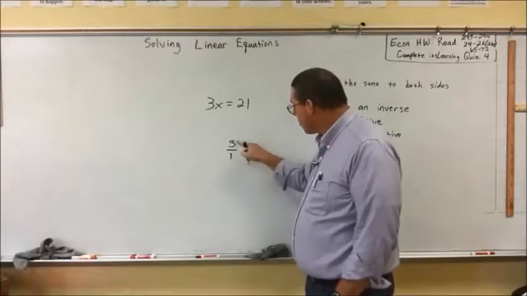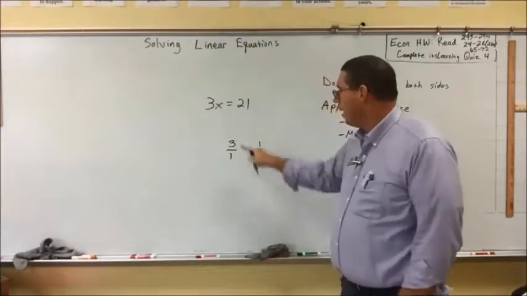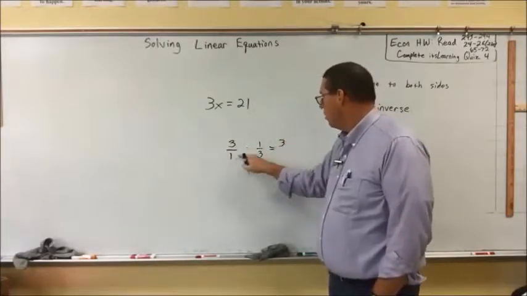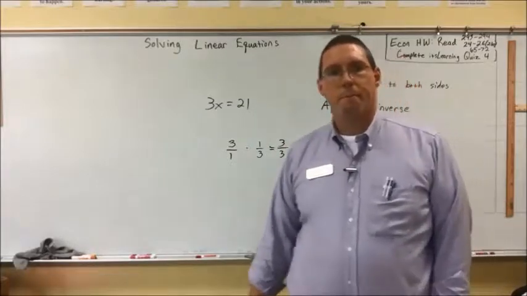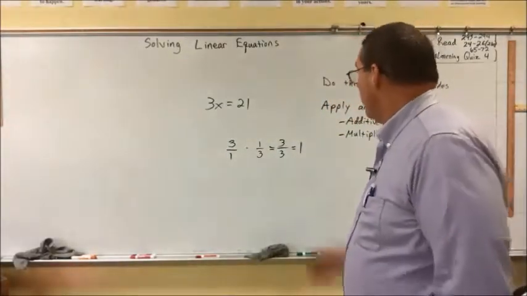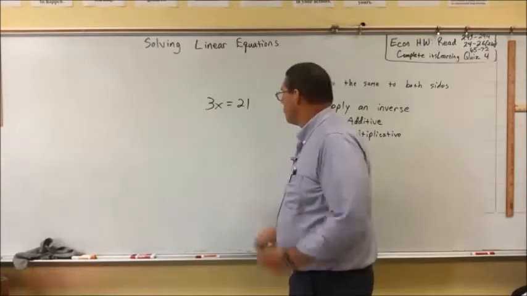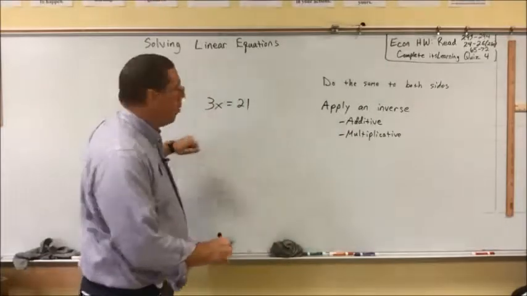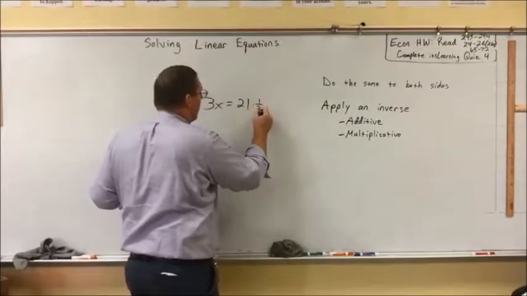And the reciprocal of 3/1 is 1/3. And if you were to multiply 3 over 1 times 1/3, you would get 3 times 1 is 3, 1 times 3 is 3, and that equals 1. Okay? So one way of solving this 3x equals 21, instead of dividing by 3, we can multiply by 1/3 on both sides.